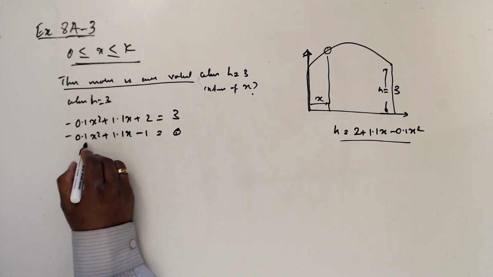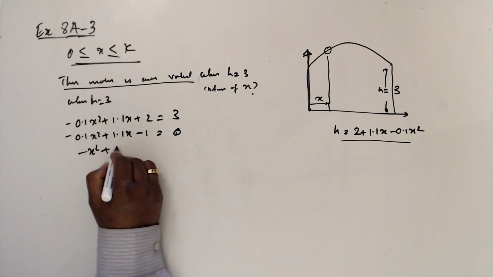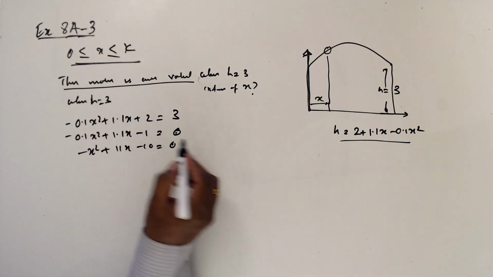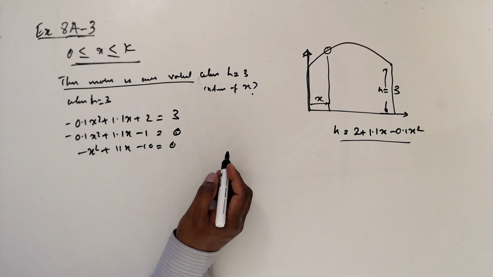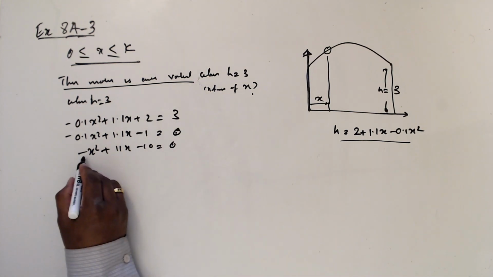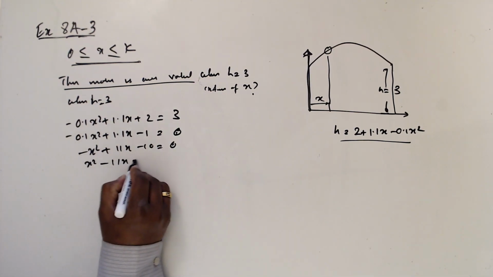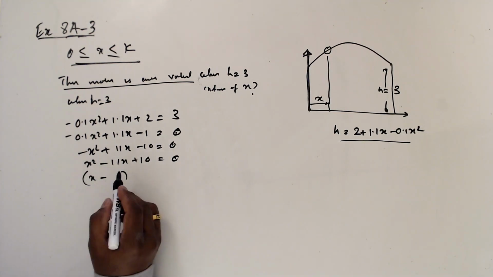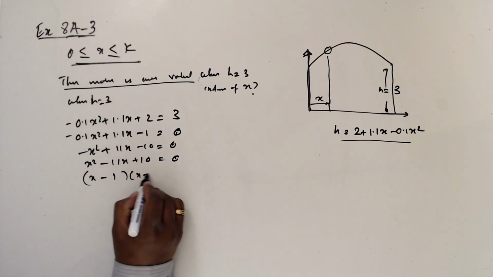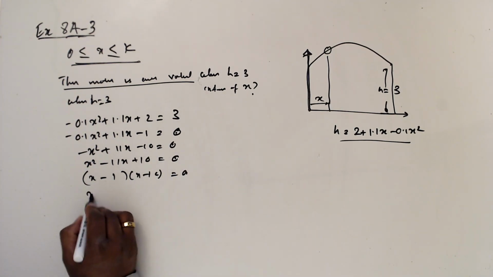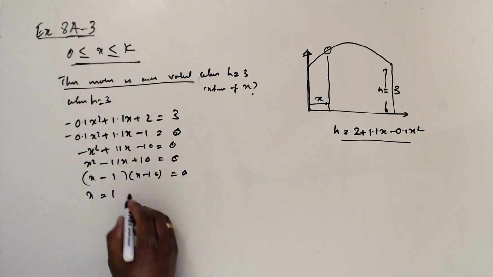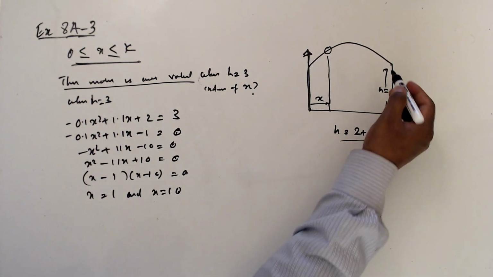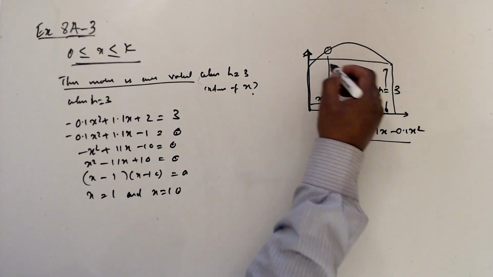I can multiply by 10, and this becomes minus x squared plus 11x minus 10 equals 0. Actually, we can multiply by minus 1: x squared minus 11x plus 10 equals 0. So I can factor this: (x minus 1)(x minus 10) equals 0. So x equals 1 and x equals 10.